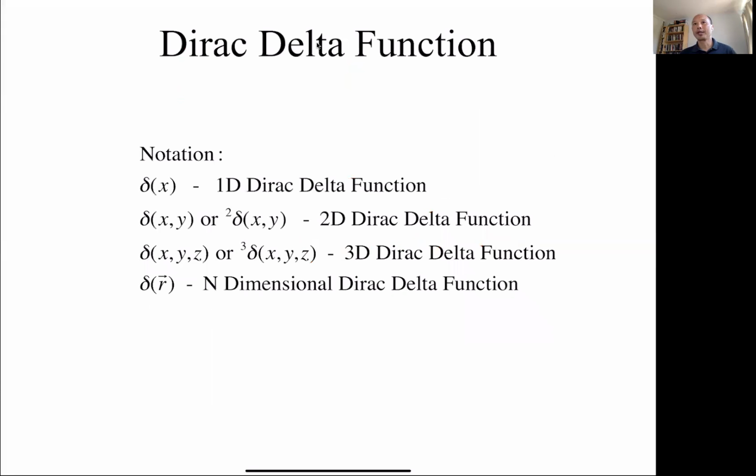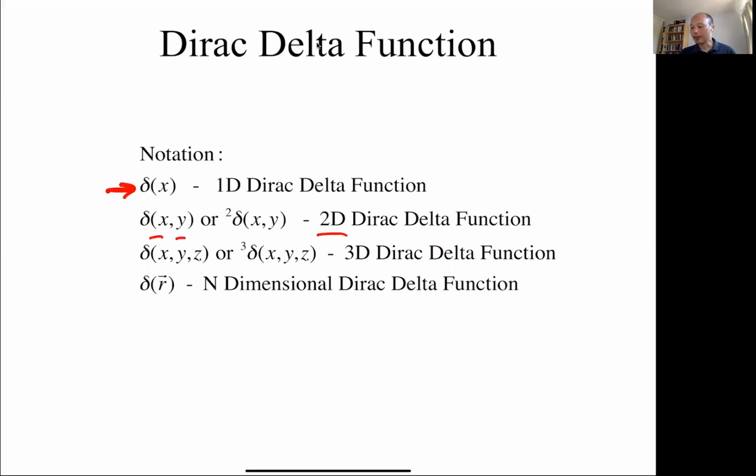The notation that we use in engineering and science for an impulse response is we describe things as delta functions. In this case, we're using continuous delta functions. We can have a 1D delta function here, and we'll talk a little bit about what that means in a minute. We can also have 2D Dirac delta functions, which are a function of x and y.